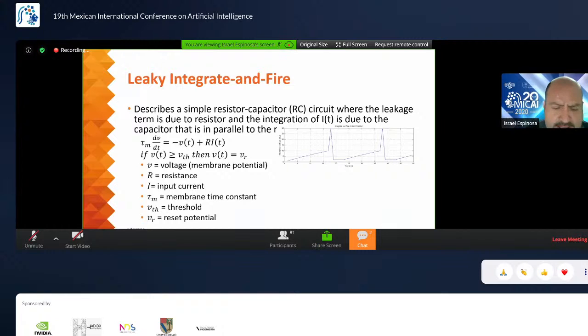This model was invented in the 30s. Actually, it's complicated to say when it was invented, because it has suffered a lot of transformations since the beginning of the last century. But the real name, leaky integrate-and-fire model, was given, I think, in 1936. All these models were used in neuroscience until just recently.